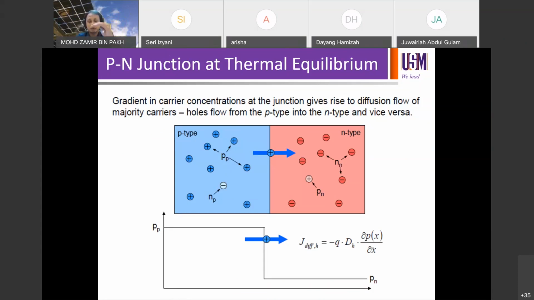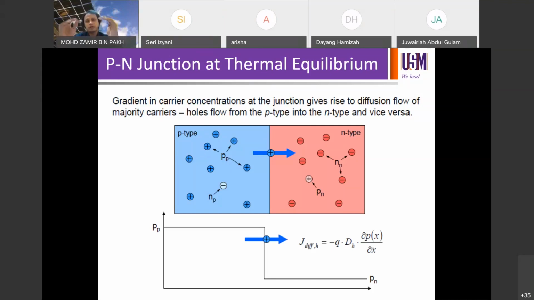So what will diffuse upon combination of P and N is the majority carriers. So we're going to look into majority carrier diffusion only. Because we see a concentration gradient, right? There are too many holes in P-type, but so few in N-type, because N-type also has minority carrier holes. But the holes are too many, if you like, in P-type and so few in N-type. Therefore, holes diffuse into N-type.